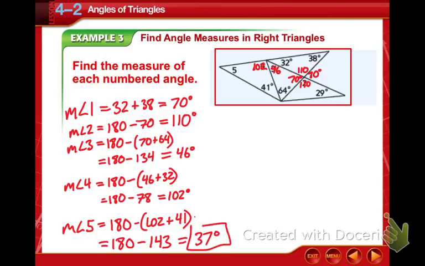So angle 5 is 37, angle 4 is 102, angle 3 is 46, angle 2 is 110, and angle 1 is 70.